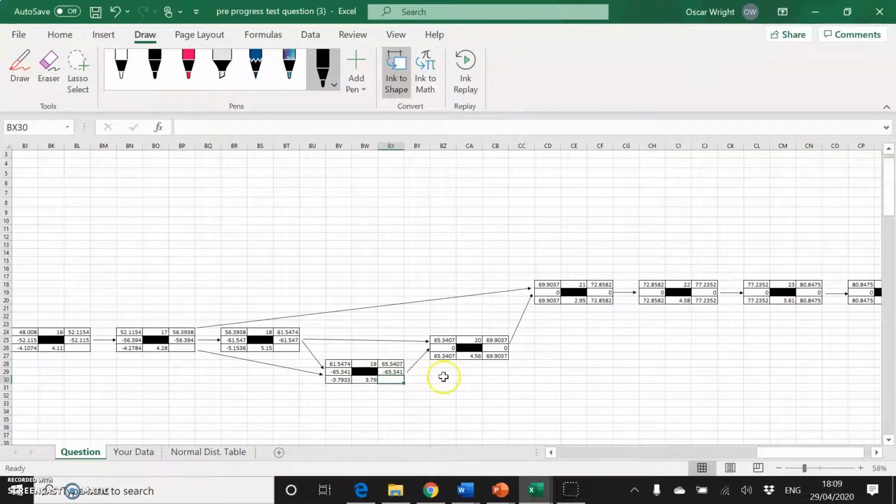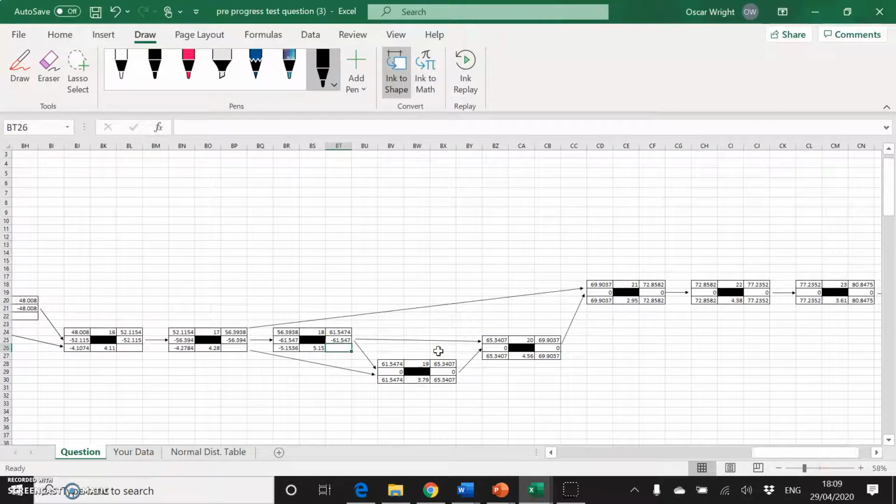Then for 19, again, it is only followed by 20. So we know that the late finish must equal the late start of 20. Now here we have 18. 18 either goes to 20 or it goes to 19.